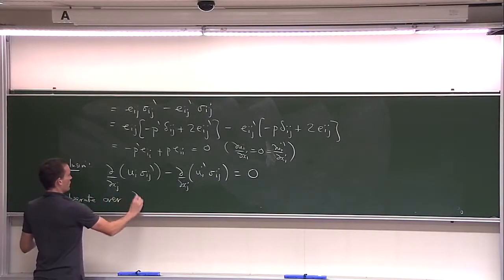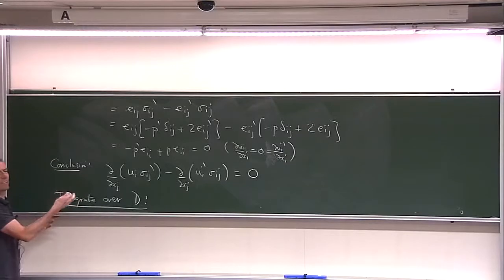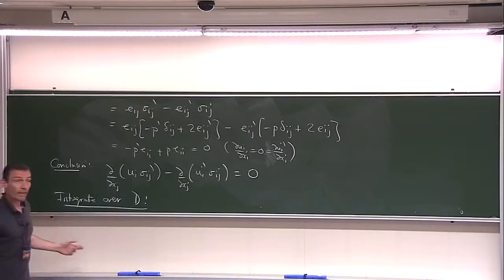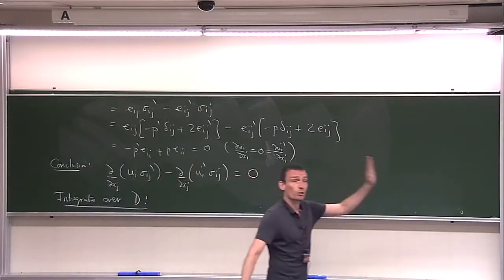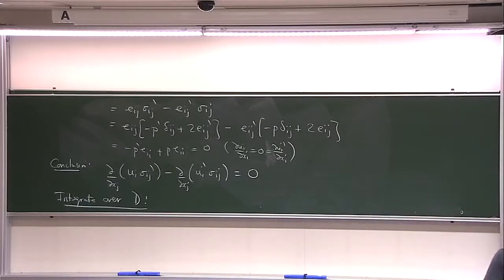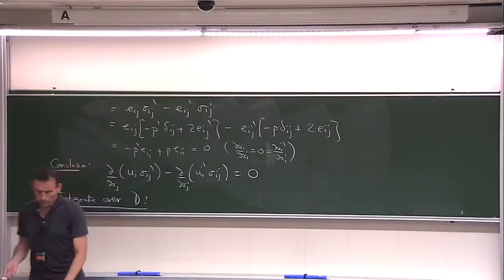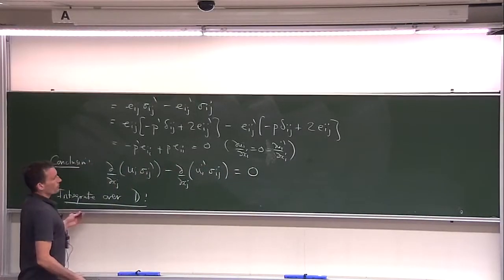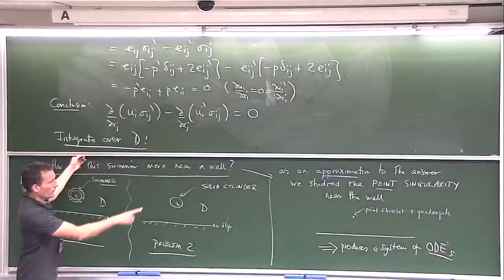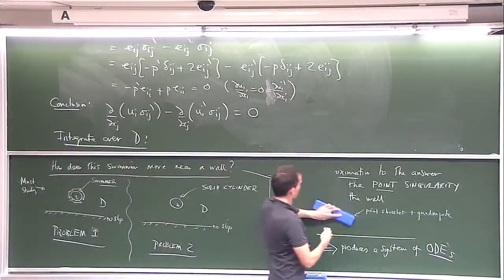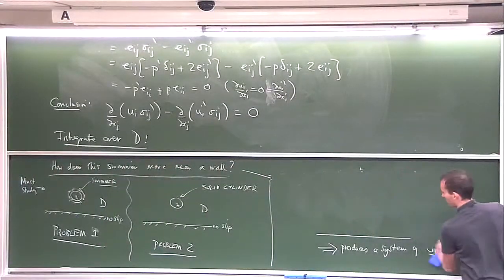over D. This is a volume integral, an area integral in 2D. By the way, everything I've done here pertains to 3D as well. Just so you know, I'm thinking of this for this two-dimensional application, but it works in 3D as well. So let me do it here. I don't want to erase those. Actually, maybe I will.